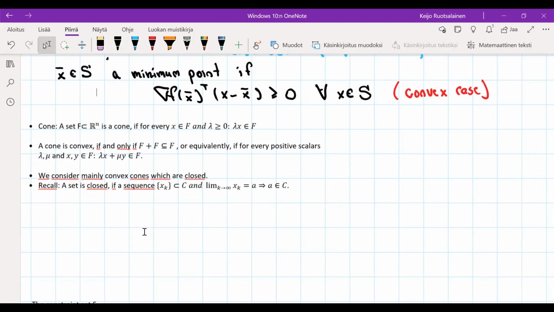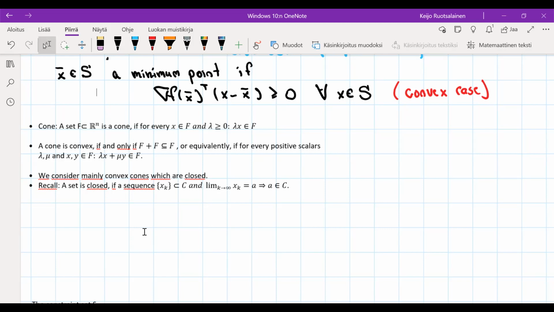And if we take a point in the cone and 0, it means that this ray belongs to the cone as well. So starting from 0, we pass through x, and then we can go to infinity. So the whole ray from 0 to x is in the cone.